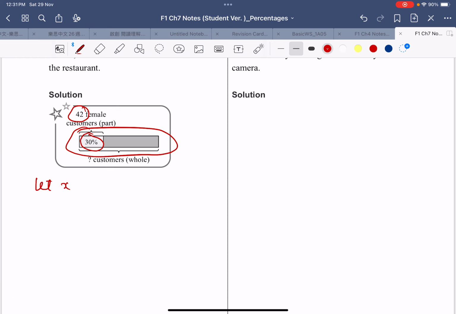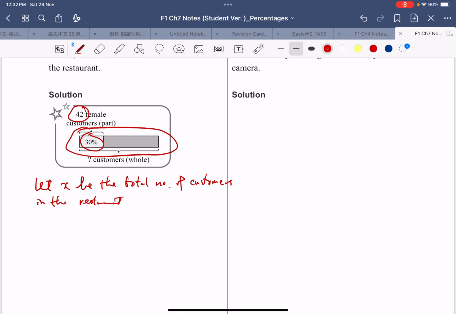Let x be the total number of customers in the restaurant.